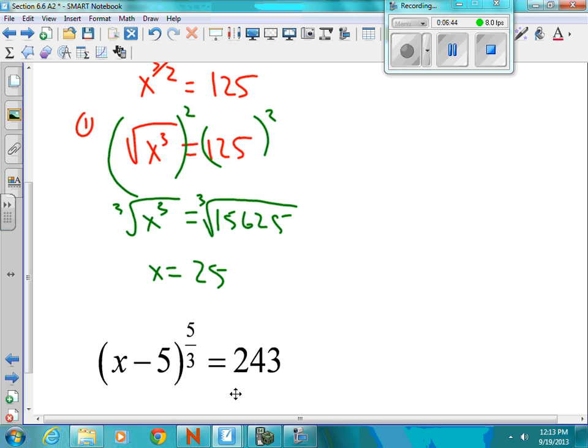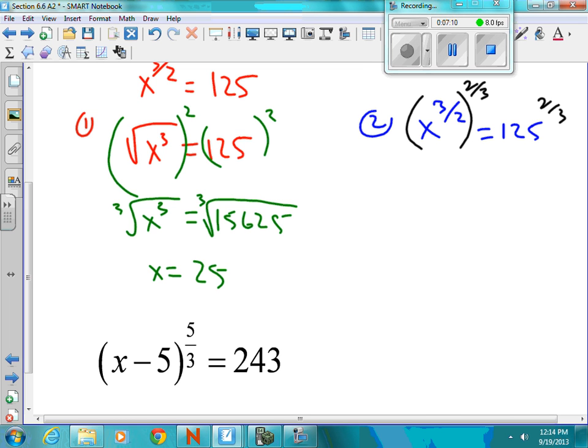Okay? Let's look at method 2, the other way we could do this. We have the equation x to the 3/2 power equals 125. Well, we can raise both sides of this equation to the same power. If I raise both sides to the power of 2/3, what will that do to the left side?